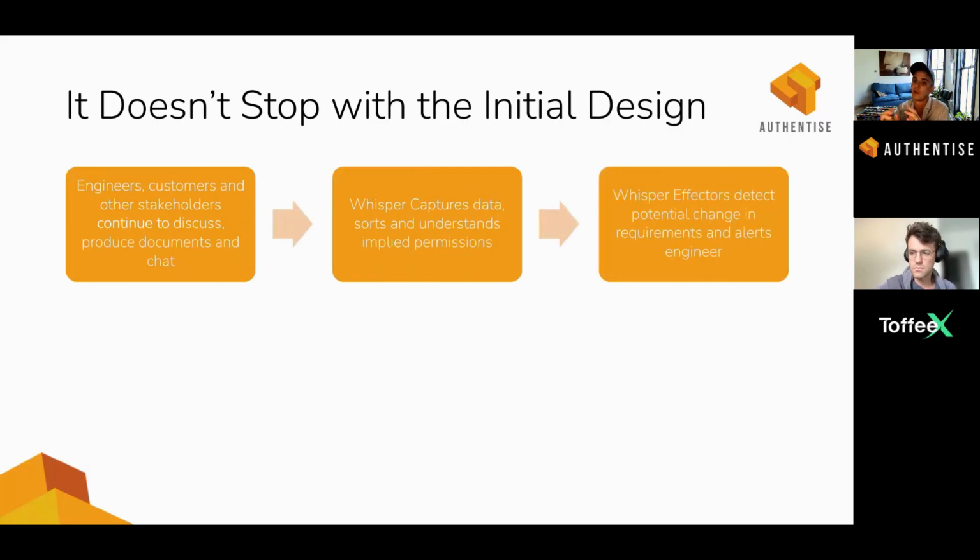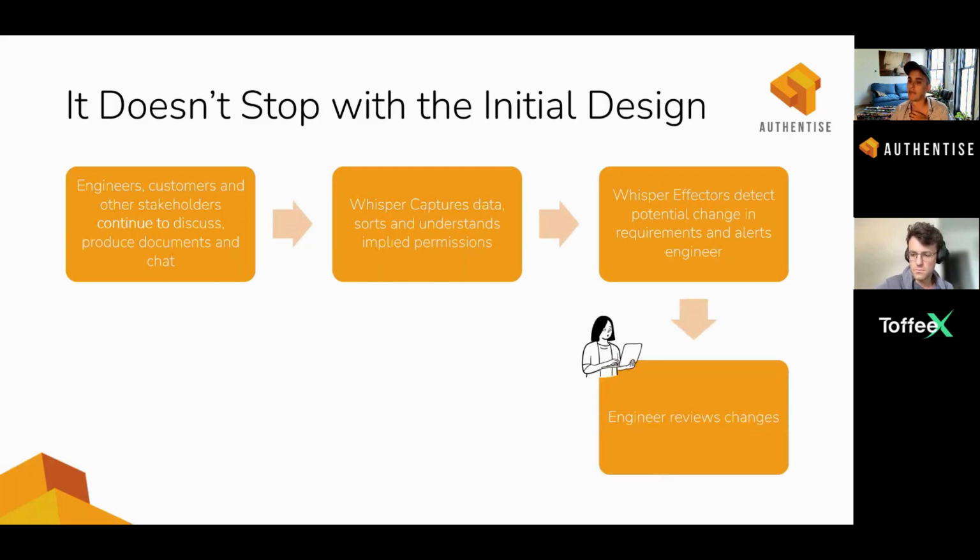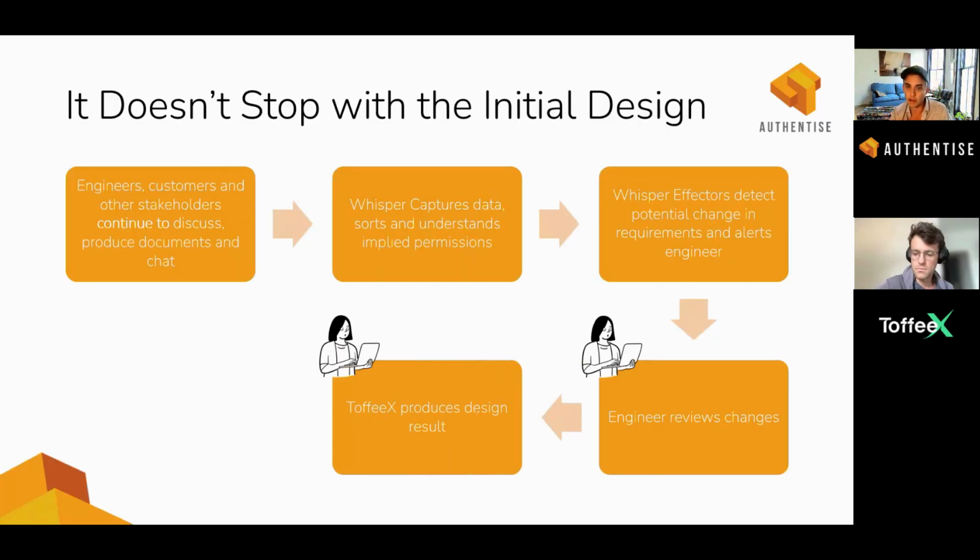Any changes to the requirements are displayed to the user, and then ToffeeX can generate a new version of that design. So it really becomes, compared to the lossy extended process that Thomas just described, a potential to radically reduce the time it takes to turn an idea into a part.